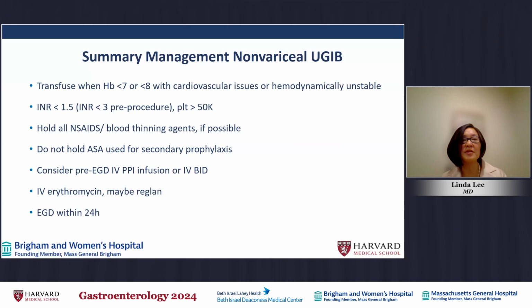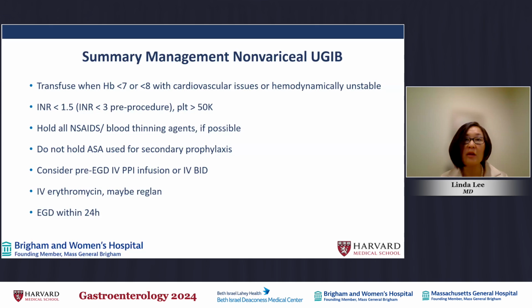So to summarize, transfuse patients when their hemoglobin goes less than 7, or less than 8 for patients with cardiovascular issues or if they're hemodynamically unstable. The goal is to pretty much normalize the INR. However, the INR does not need to be normal before doing your procedure. Platelets, usually we say over 50,000, and hold all NSAIDs and blood thinning agents, if possible.